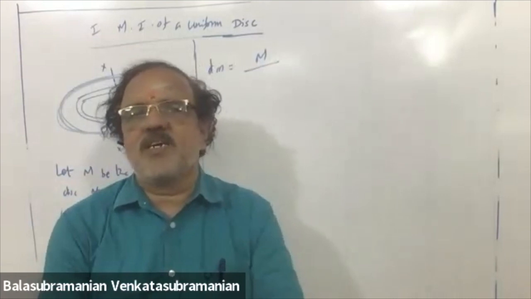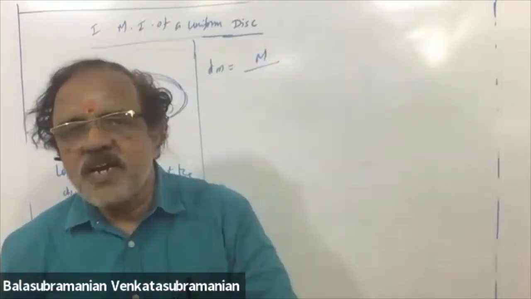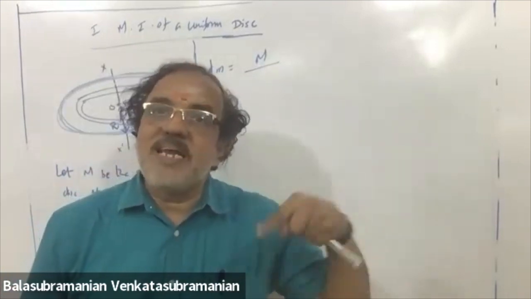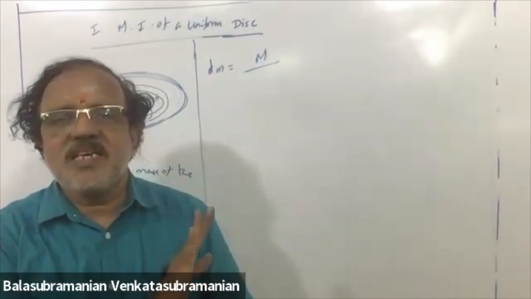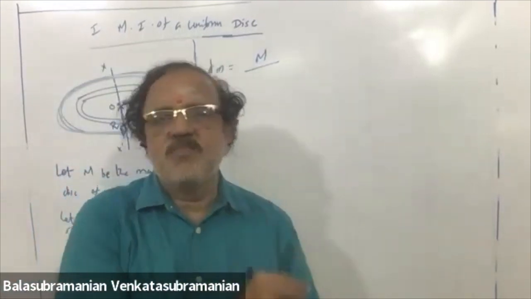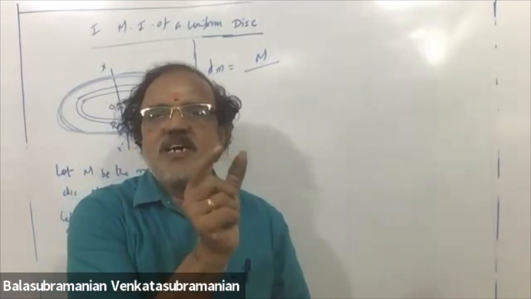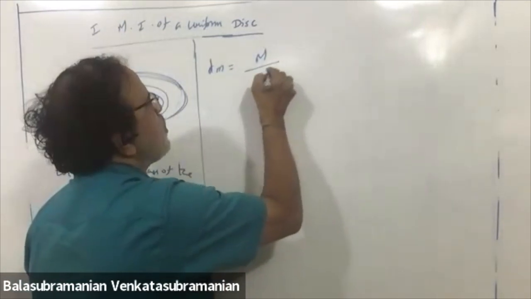There we calculated, in the case of a rod and a ring, we put mass by length. It is not mass by length here. It is mass by area, into the small portion area.